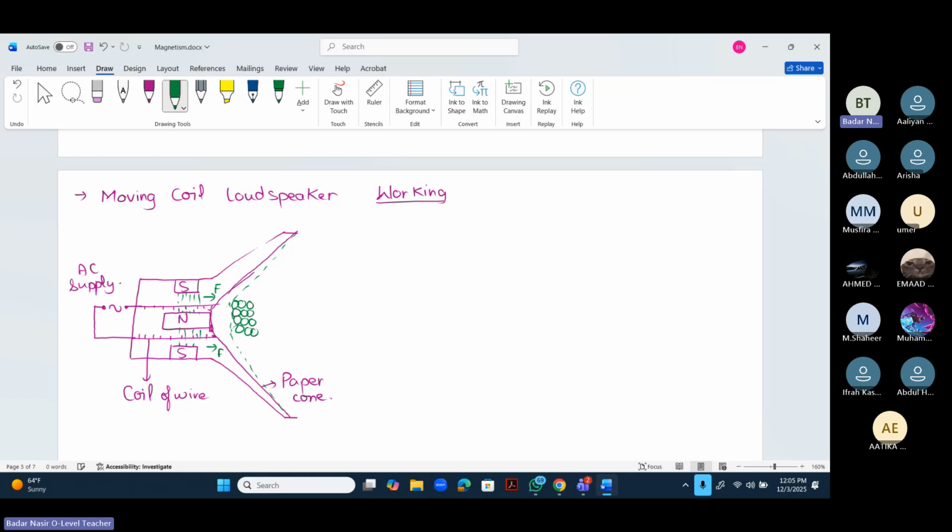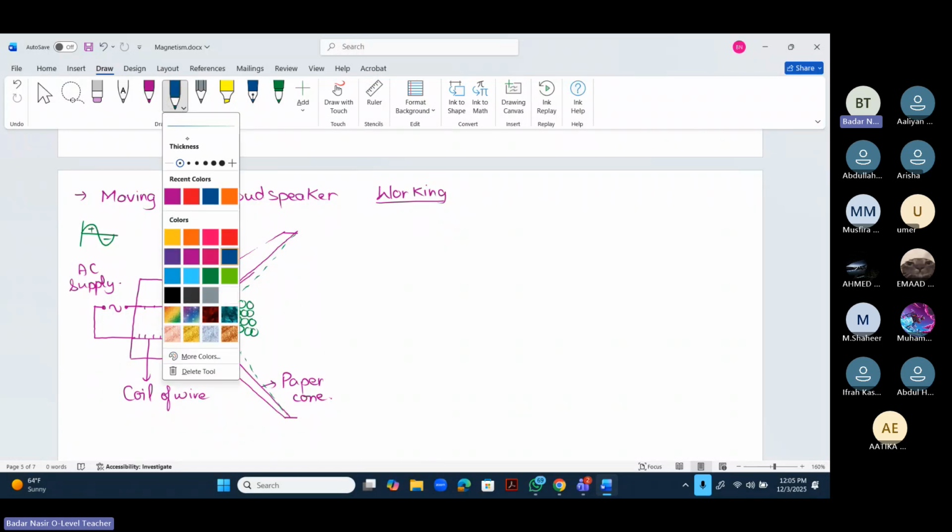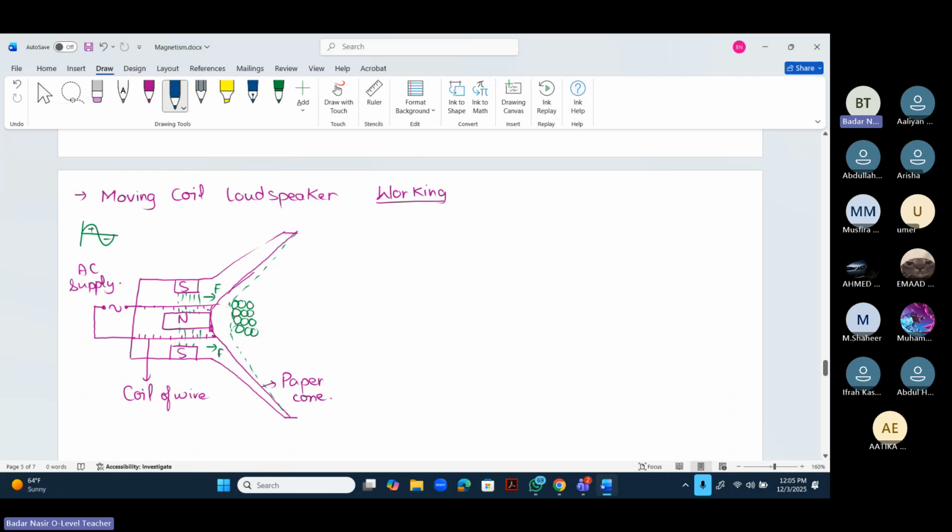तो जब ये पेपर कोन मूव होगी तो इसकी वजह से जो एयर के मॉलिक्यूल्स है दे विल बी कंप्रेस्ड। अब सिंस इट्स एन ऑल्टरनेटिंग करंट, एन ऑल्टरनेटिंग करंट का मतलब ही ये है कि जो करंट है वो अपनी डायरेक्शन रिवर्स कर लेता है। तो लेट्स से व्हेन देयर इज अ नेगेटिव साइकिल, तो व्हाट विल हैपन, द डायरेक्शन ऑफ द फोर्स ऑन द कॉइल विल रिवर्स, और यहाँ पे अब force will be in the opposite direction and the paper cone just moves back. उससे क्या होगा, एयर के मॉलिक्यूल्स में गैप होगा और उस गैप की वजह से we will have rarefactions.